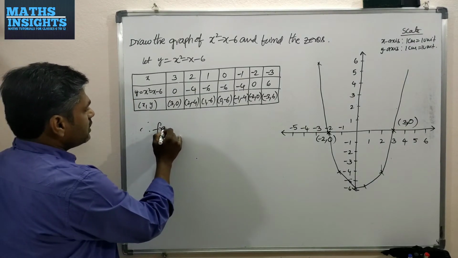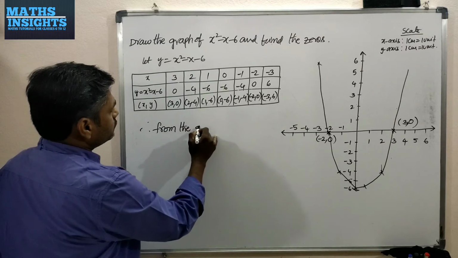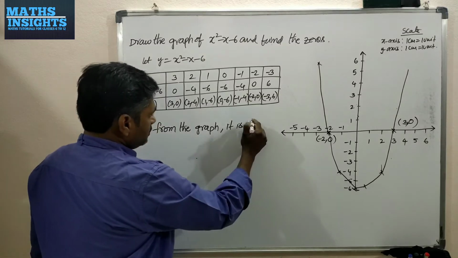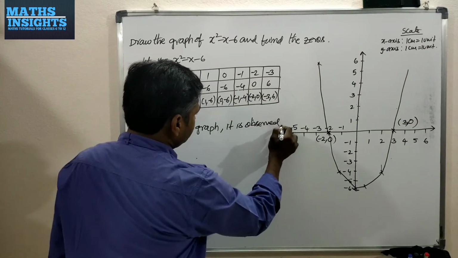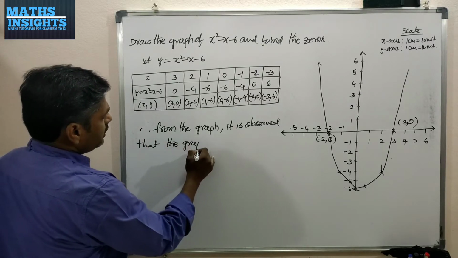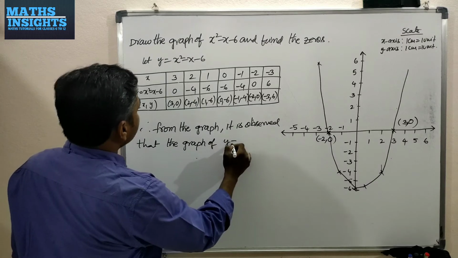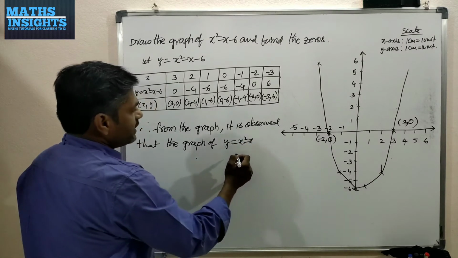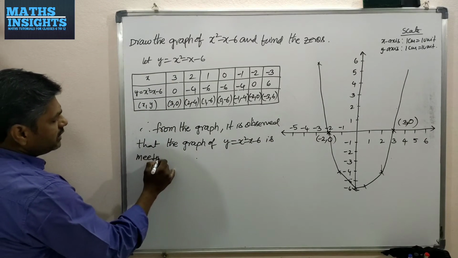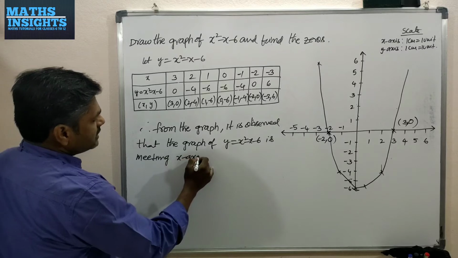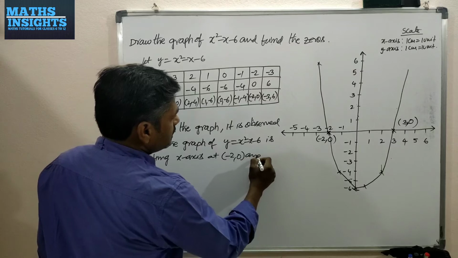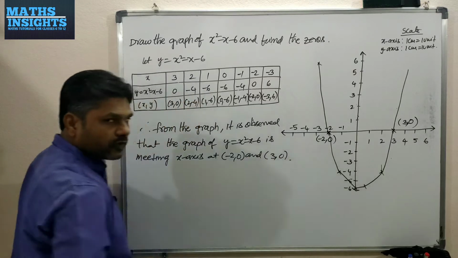Therefore you have to write from the graph it is observed that the graph of y is equal to x square minus x minus 6 is meeting the x-axis at minus 2 comma 0 and 3 comma 0.